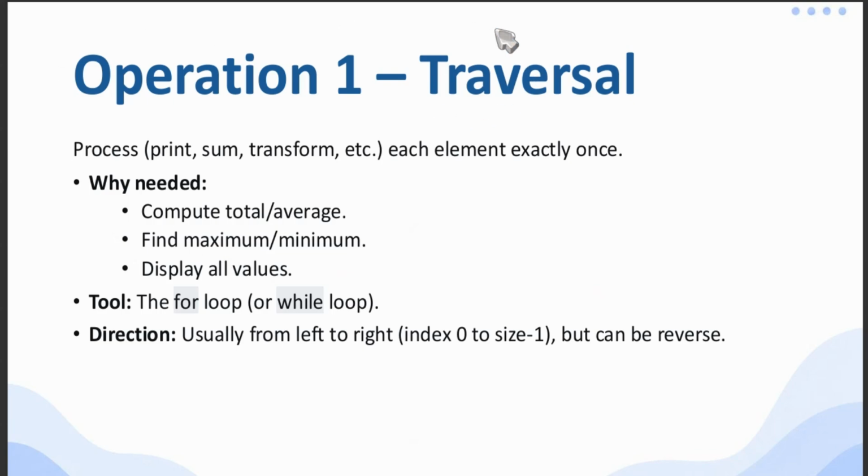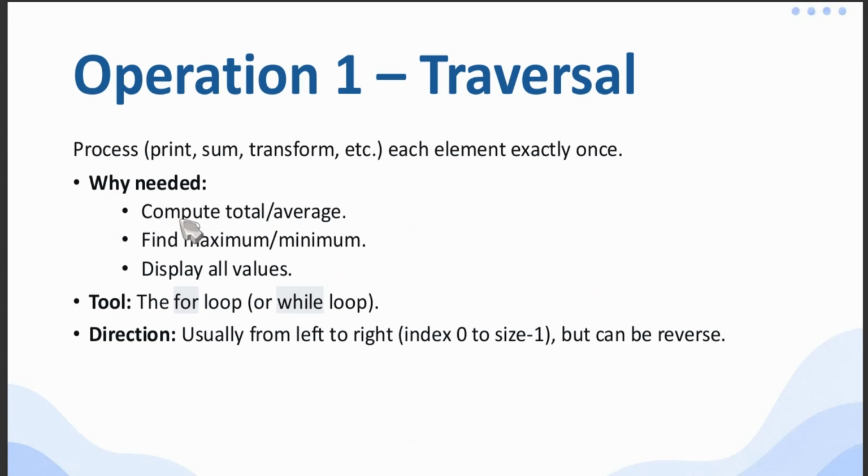As you can understand from the word, traversal means processing each element exactly once. Processing could mean printing, summing, finding the maximum, transforming, etc. Why do we need traversal?